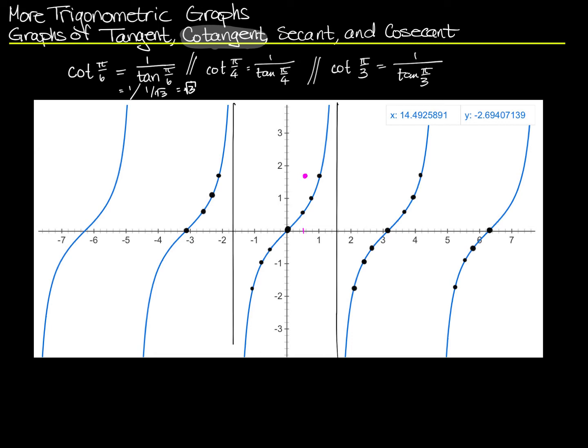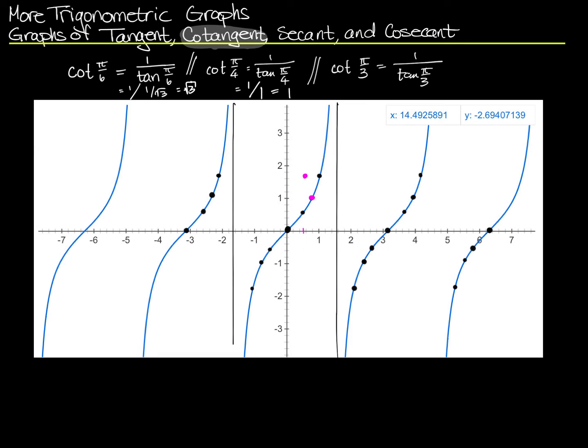All right, now let's do the cotangent of pi over 4. The cotangent of pi over 4 is 1 over the tangent of pi over 4. Well, the tangent of pi over 4 is 1. So cotangent of pi over 4 is 1 over 1, which is 1. So I'm going to have a point there.